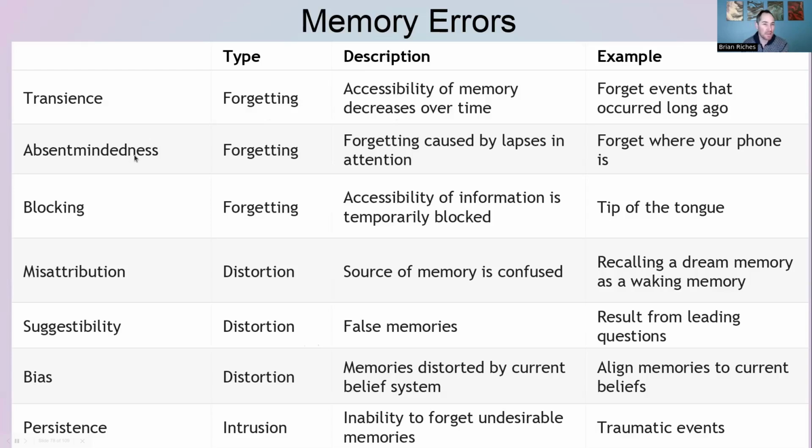Absent-mindedness, you weren't attending to it, so it doesn't get encoded. Blocking, we can't access that because it's blocked by other information. We're not grabbing the correct network. Misattribution, we get confused about where that memory comes from. Bias or persistence, so we're trying not to remember things or we are not able to remember certain things.